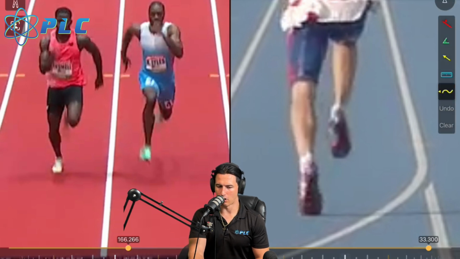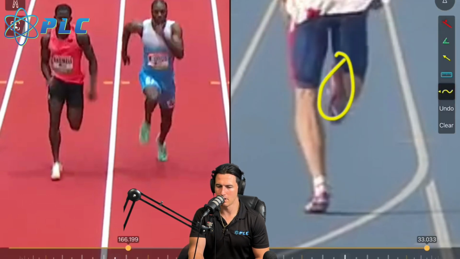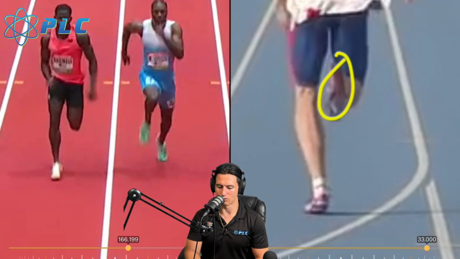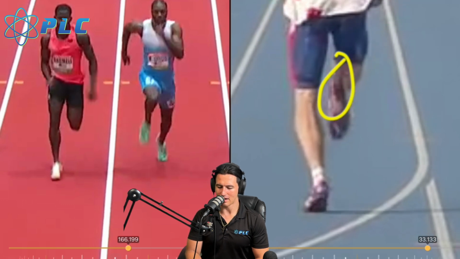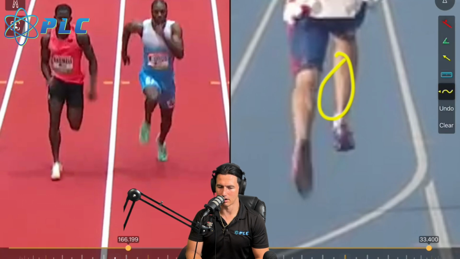Now, as you are getting into the frontside mechanics, so as we're transitioning here, an important thing to consider is being able to maintain a high heel position. So when your heel comes up and is coming close to your butt, now your knee is really driving through. And as your knee's driving through, you want to keep that heel up towards your hamstring the best that you can, so then you can get a very natural reach within your leg.